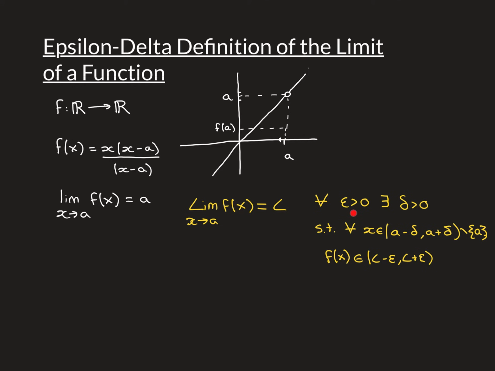It says, for all epsilon greater than 0, so epsilon's a real number, there must exist another real number that is greater than 0, which we're calling delta, such that if you look at any point in the domain that is within the delta interval around your point a that you're approaching, so from a minus delta to a plus delta, all of those points inside that interval must be mapped into the epsilon interval around the limit L, so the interval L minus epsilon to L plus epsilon, apart from your one point that is excluded, which is the center point of the interval itself, which is the point a.